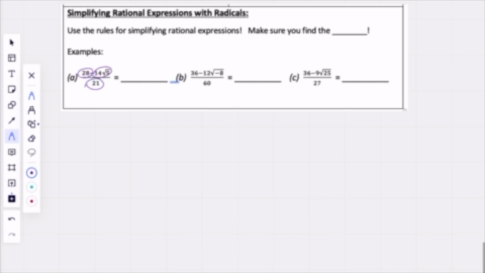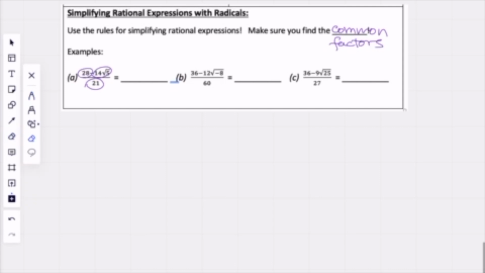You have got to simplify all three of those pieces together or none at all in terms of reducing the fraction. So what you are really looking for is any kind of common factors that can be divided out.